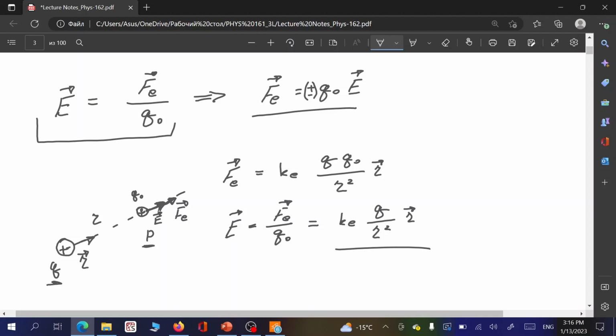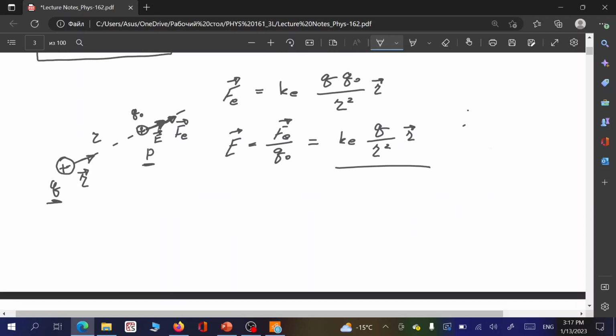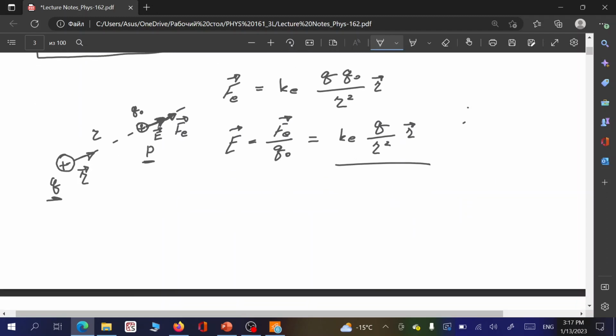Okay, so let us consider also the other case when we have a negative source charge. So this is our negative source charge. Then here is some positive test charge.